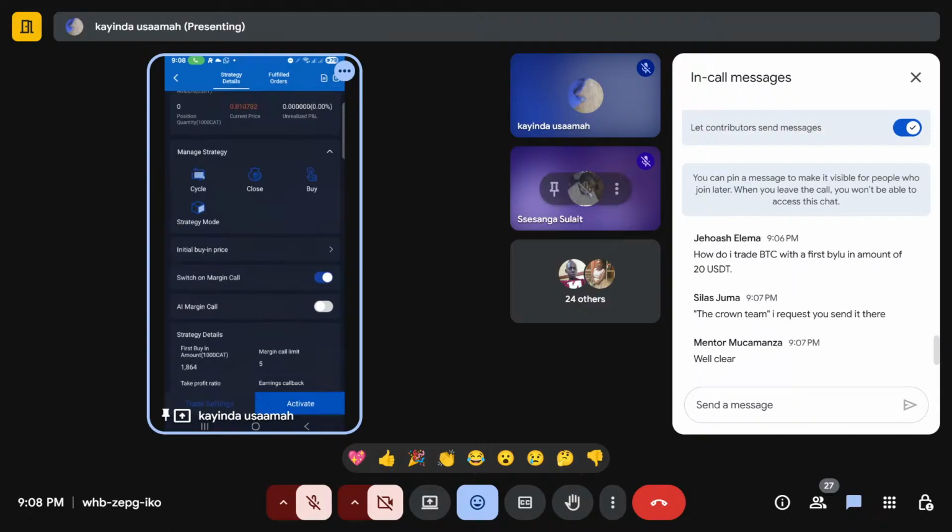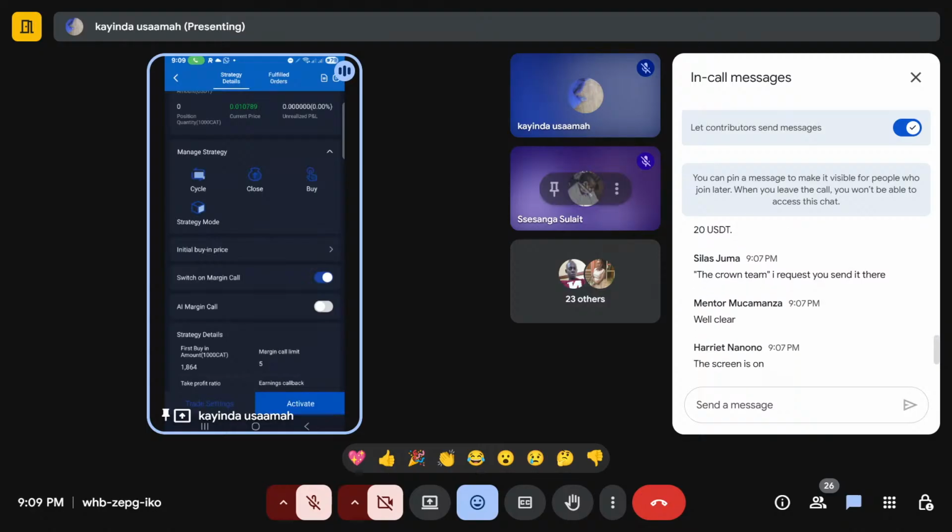Josh is asking, how do I trade BTC with the first buying amount of 20 USDT? Same style, like the one I've showed you, when you are doing any trade. But there are coins which you don't accept. I don't know whether BTC accepts. BTC is now very expensive. Imagine it's $120 thousand and you want to drop it down to 20.